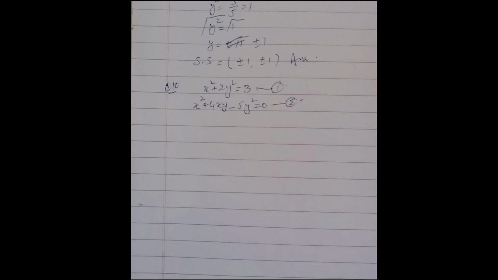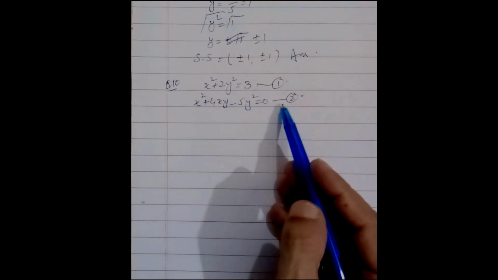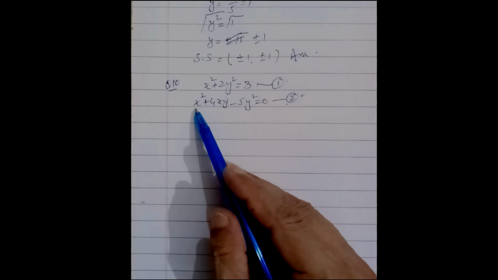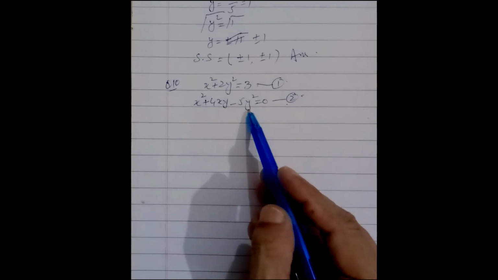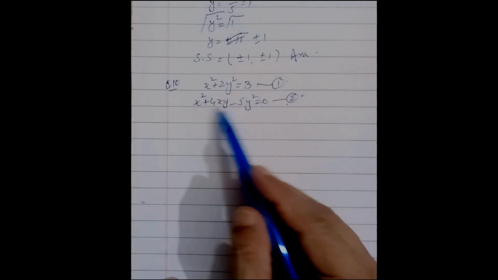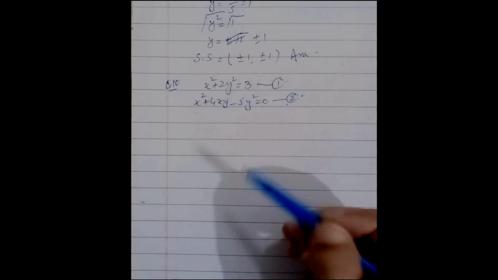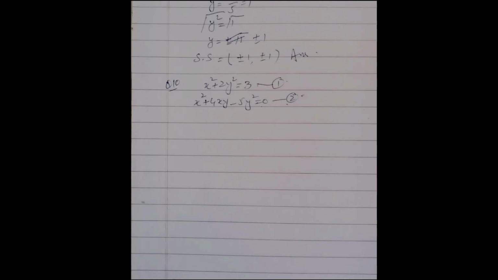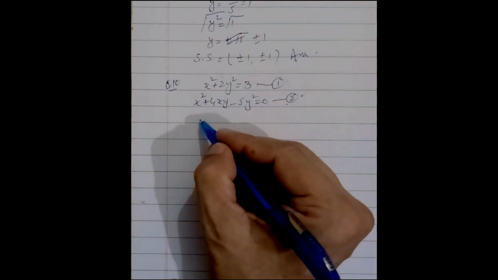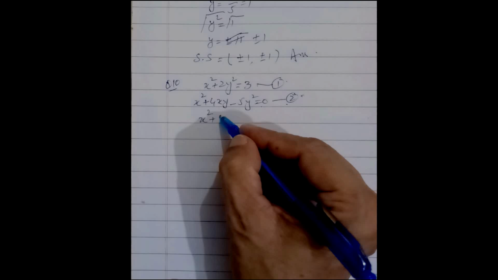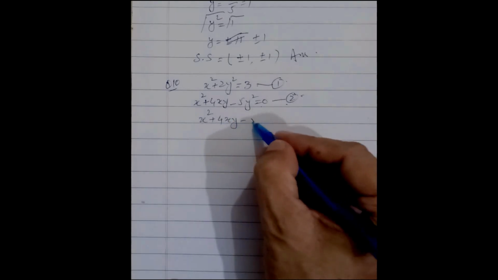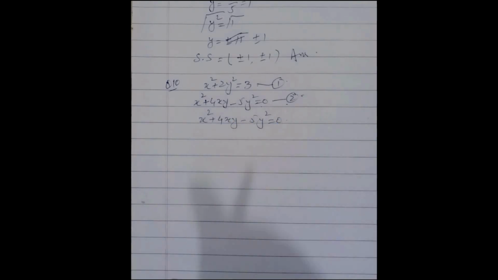So we first factorize question 2, which is x² + 4xy − 5y² = 0. In this question, we find the value of x in terms of y and then solve the other equation.